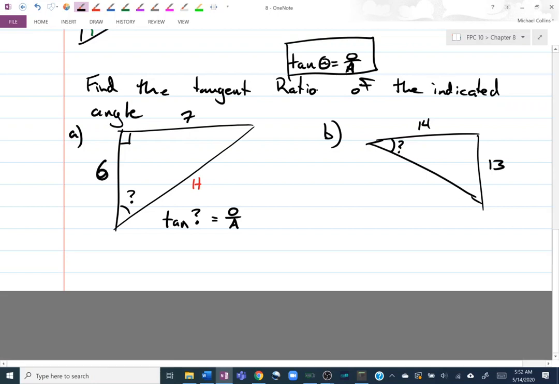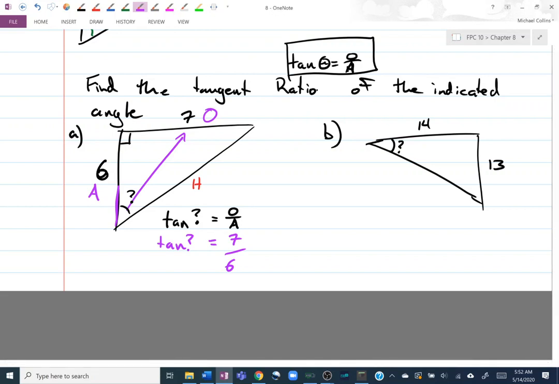I think that was a 6, and I don't know why it's not there anymore. My other two, so my side opposite my angle is my opposite, and the side right next to it is my adjacent. So my opposite over adjacent is just a 7 over 6. Tan of my unknown is 7 over 6, and that's our final answer.